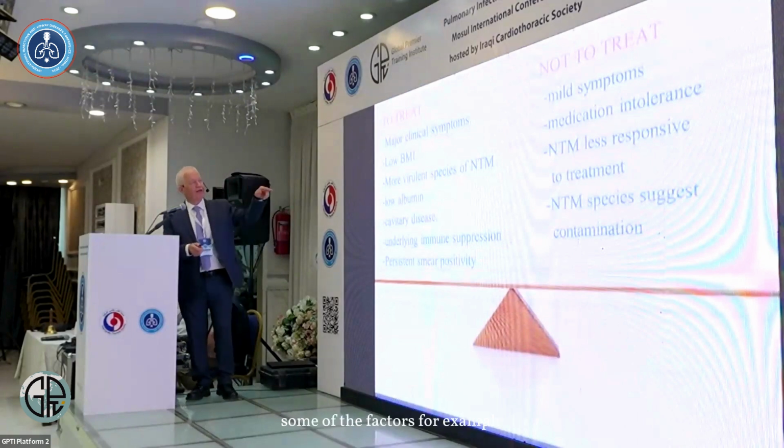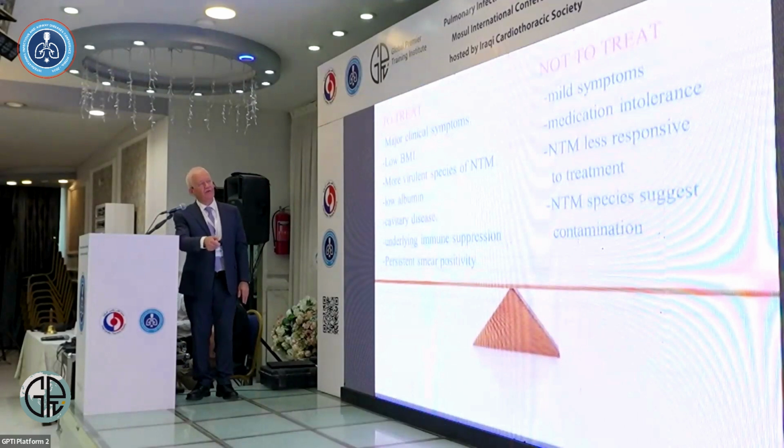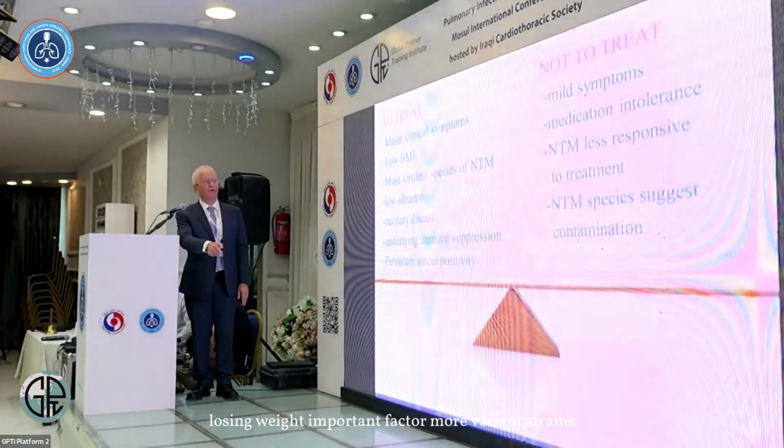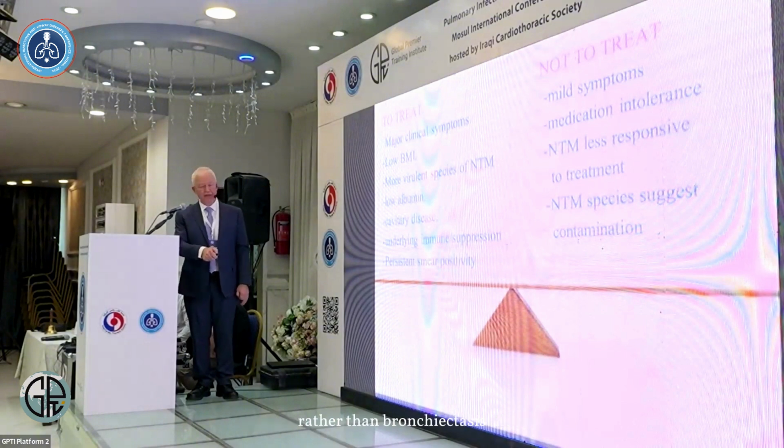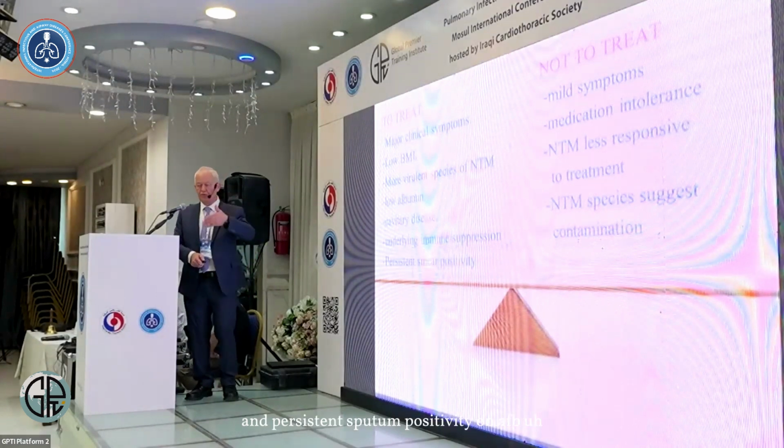Okay, so these are some of the factors. For example, if the patient is clinically unwell versus mild symptoms, this pushes you to treat. Low body mass index, losing weight, is an important factor. More virulent strains, low albumin, cavitary disease in particular, rather than bronchiectasis, and underlying immune suppression and persistent sputum positivity on AFB.